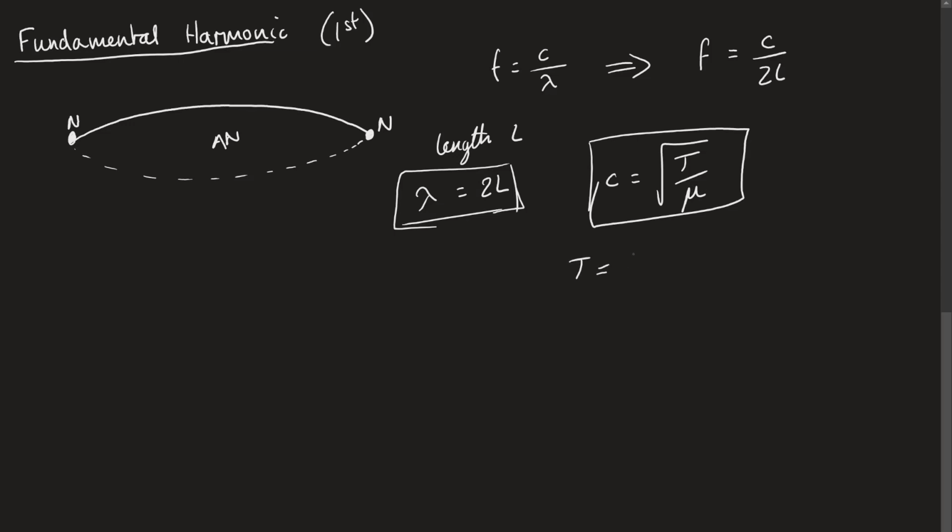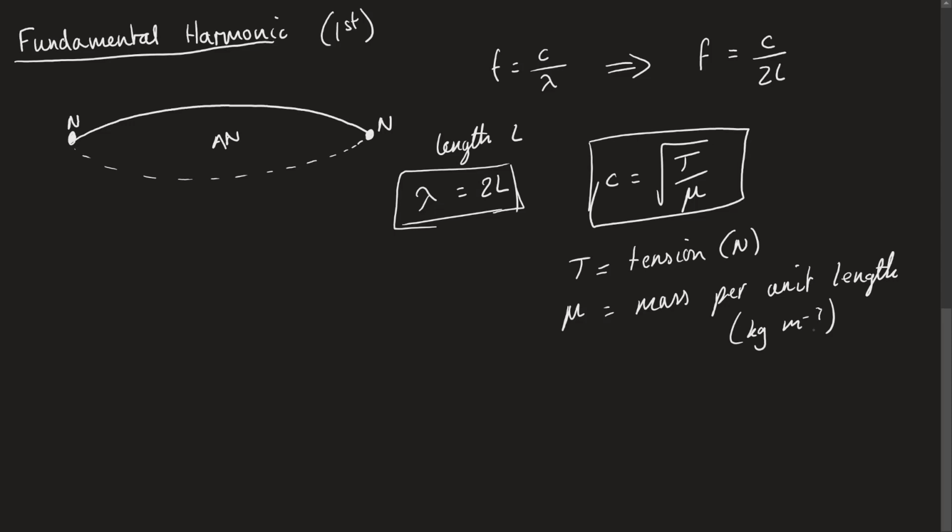So T is the tension in newtons, and mu is the mass per unit length, in kilograms per meter. So it's almost like a density. A density would be mass per unit volume, but instead of volume, we have a length.